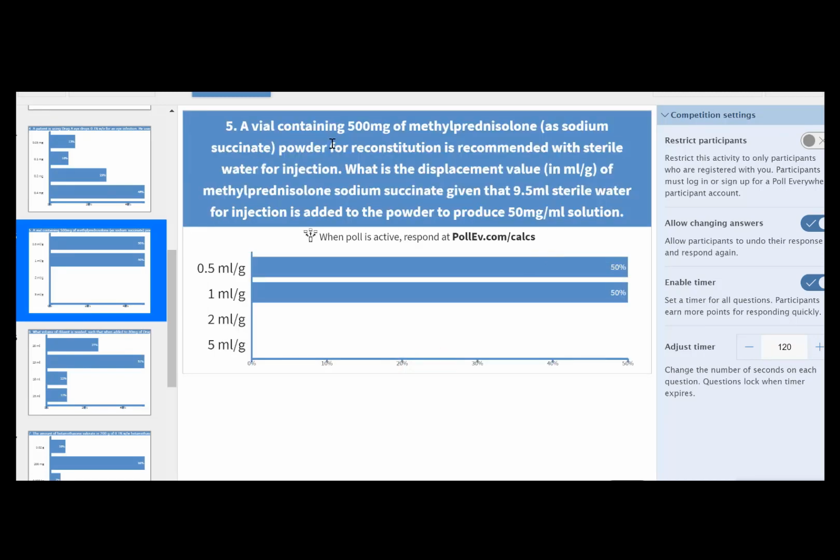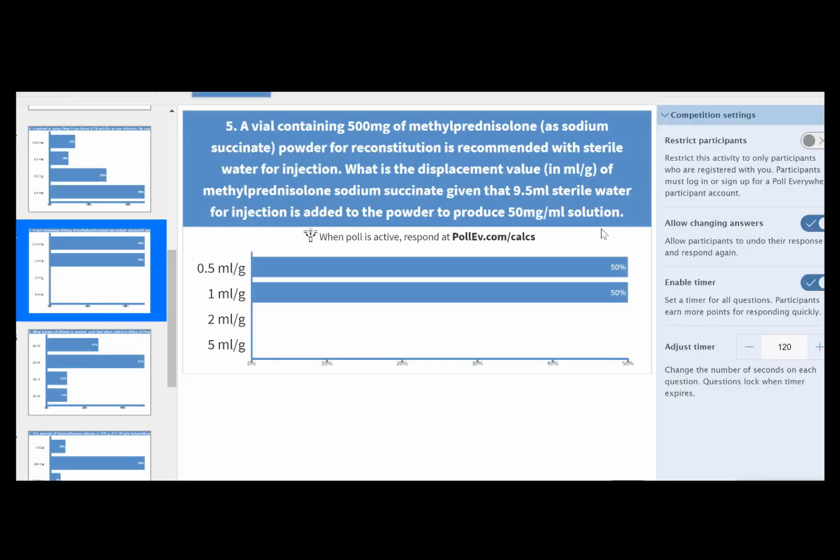So you can see a vial containing here 500 milligram of methylprednisolone for reconstitution. What is the displacement value of methylprednisolone, given that 9.5 when added to the powder produces 50 milligram per mil of the concentration. So as I said before, for the displacement value calculations, you need to visualize what's happening here.